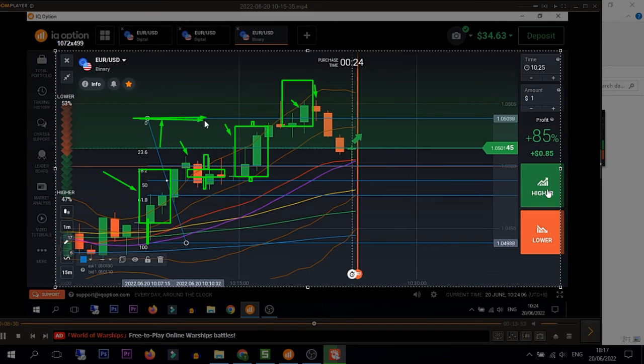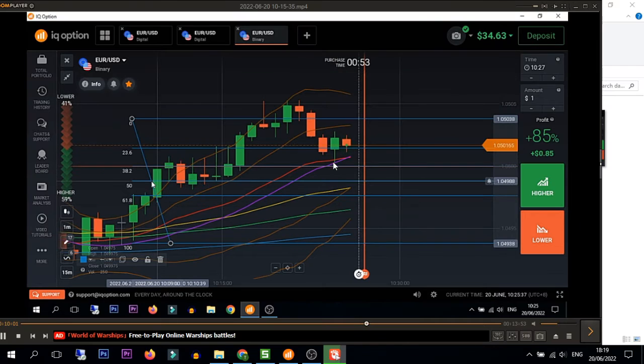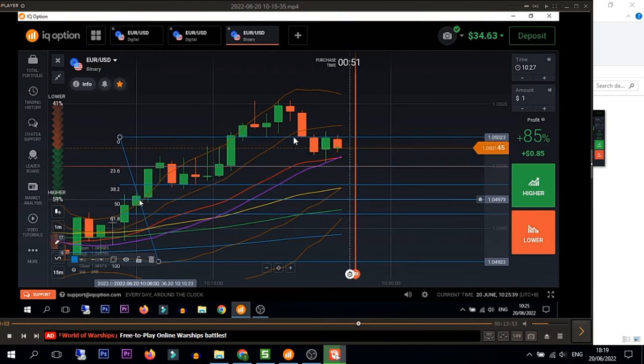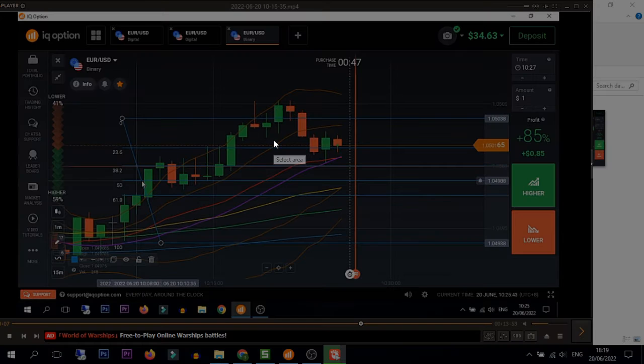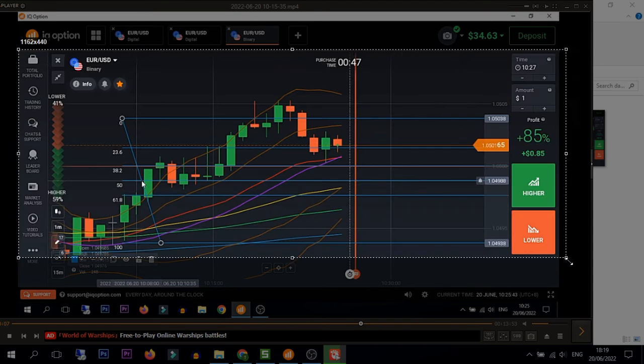which is the level of 38.2 from this round number, because I draw support and resistance with the zero level based on the round number. But you can also do it with the candlestick, but with the candlestick I don't really like it much, so I do it with the round number. So that is the reason why I entered the trade.